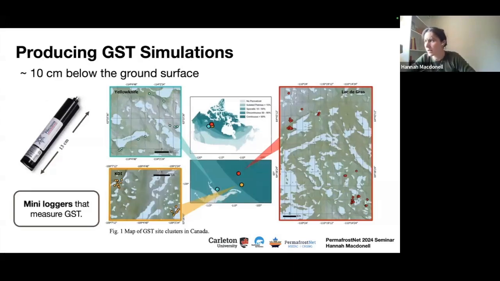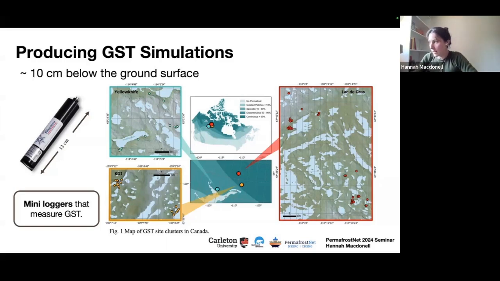And this was in part because of the large network of existing sites that my research group has access to throughout the Northwest Territories. So these maps are showing 3 different clusters of GST sites that I used to evaluate model simulations. So we have sites around the Yellowknife municipality, shown in blue, as well as 2 other clusters northeast of Yellowknife. So KDI, shown here in yellow, and Lac de Gras in red.